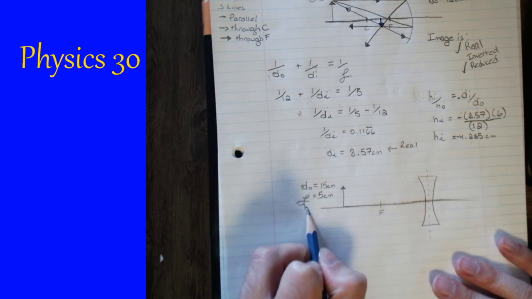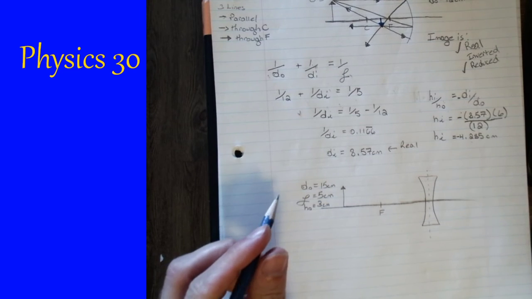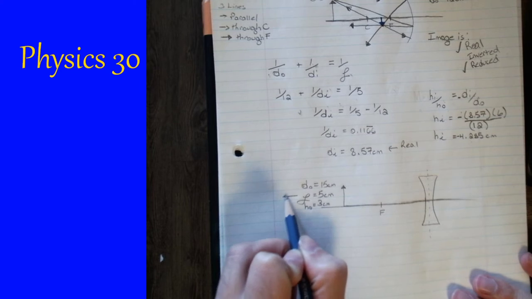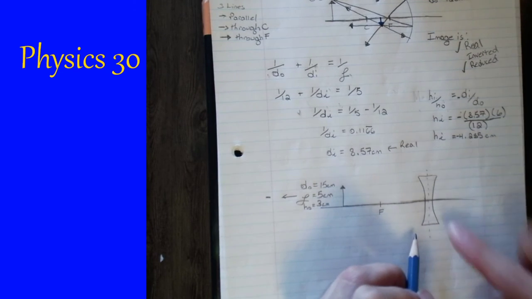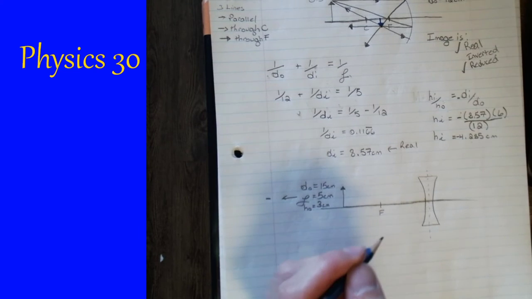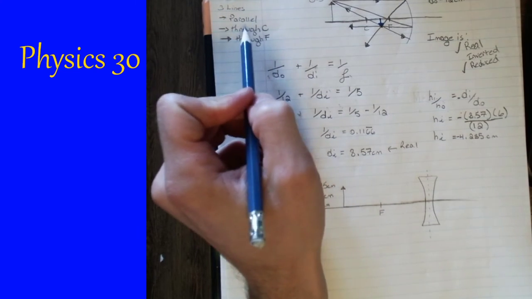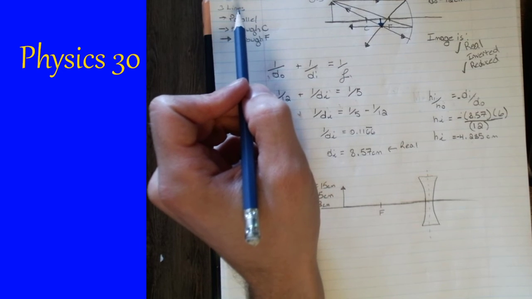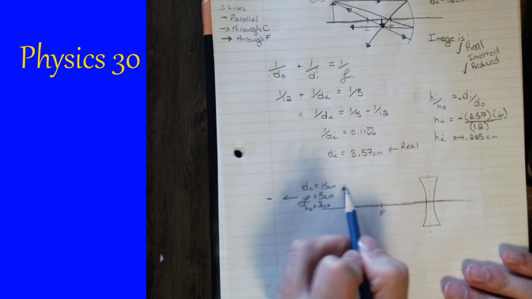And the object height will be 3 centimeters. What's also important to note is that focal length will be negative because this is a diverging lens. And let's draw our lines that we have to draw. Now, most often you have to draw 3. I found here that wasn't quite necessary, and sometimes it turns out that way.